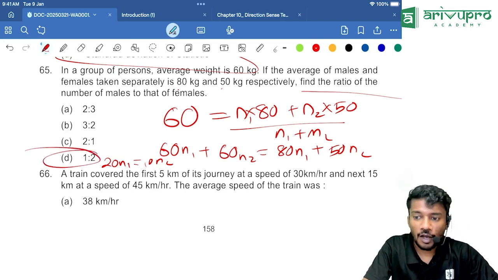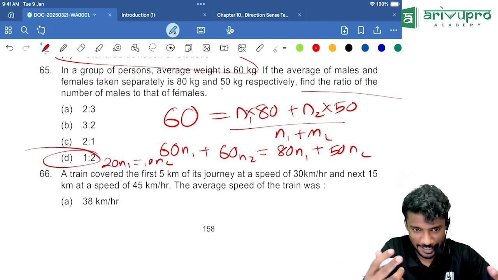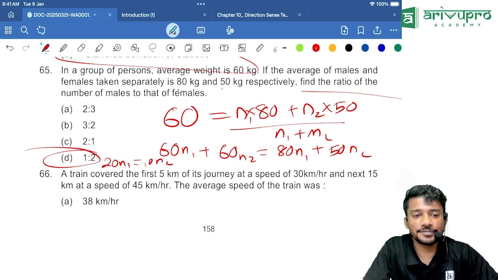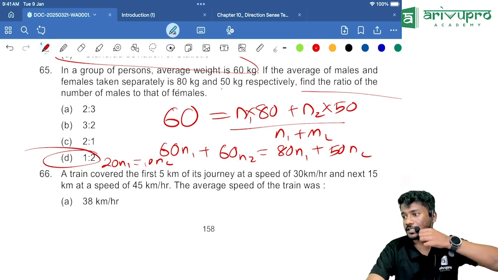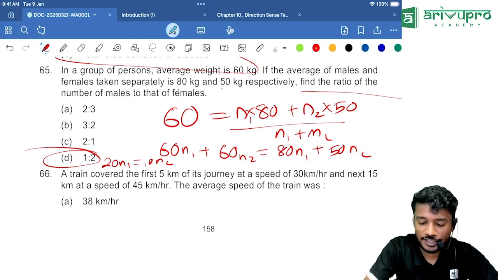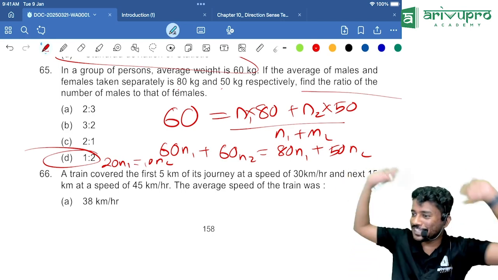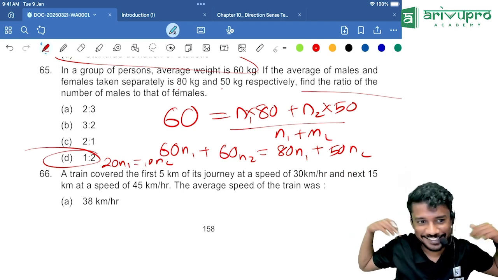Or we can take the options. Assume that this is the ratio, try it with that and you will get the answer.